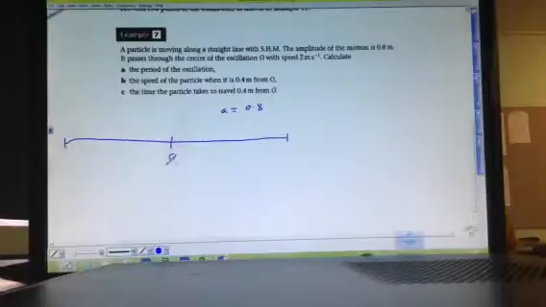Now, if it passes through the centre with that speed, what is that guaranteed to be? Maximum. You've got to read between the lines here. So it's maximum when x equals 0. So that is x dot max equals 2.